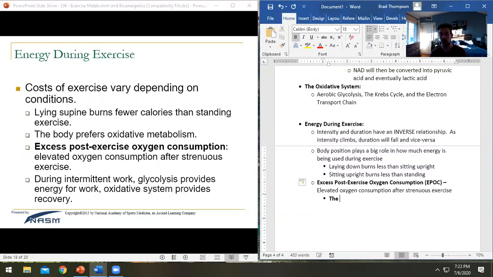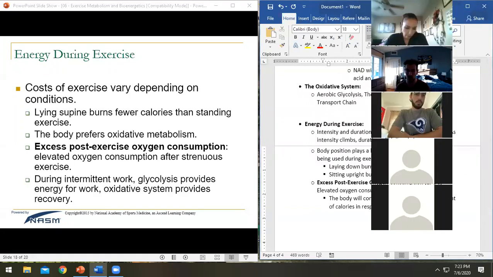So the body will continue to burn an elevated amount of calories in response to intense exercise. Here's what's really cool about EPOC and why I love it so much.